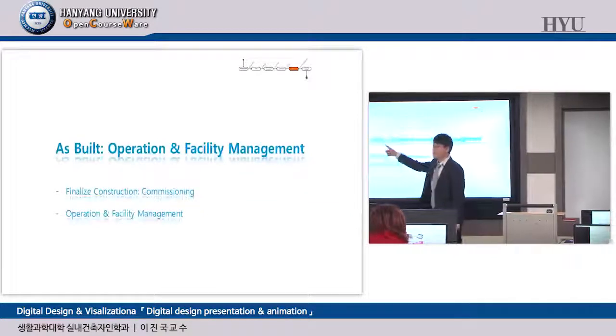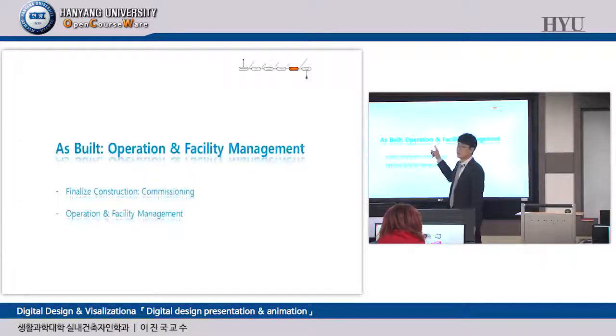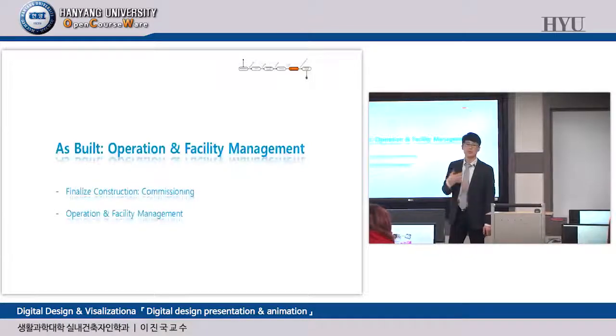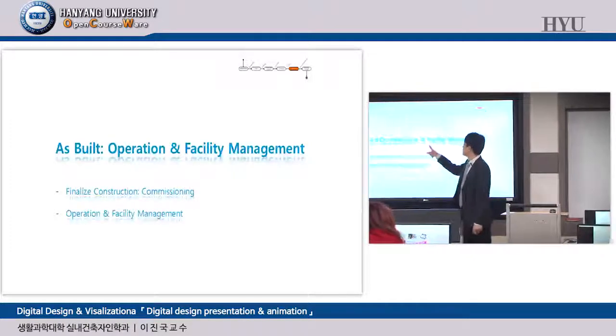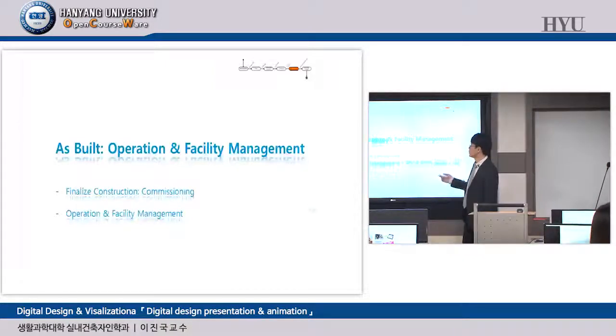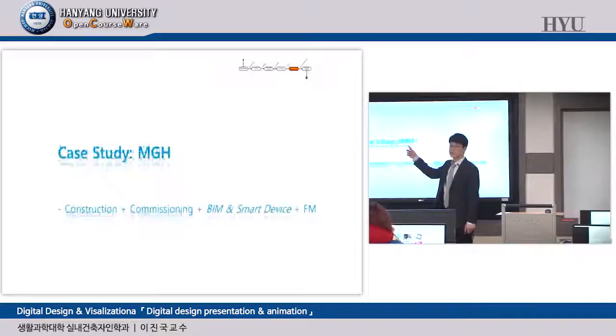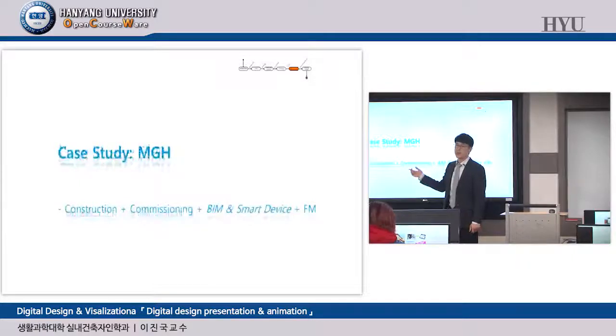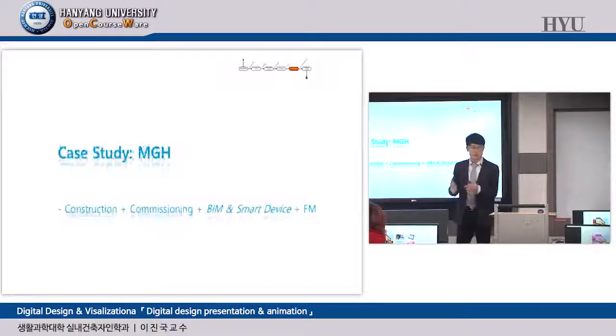Okay, after as-built, we are ready to operate, we are ready to use this building. So in terms of facility management, let me show you this Maryland General Hospital example. As you know, a hospital has very, very specialized spaces, rooms, and facilities. So there are many mechanical systems, electrical systems, devices, products, and so on.